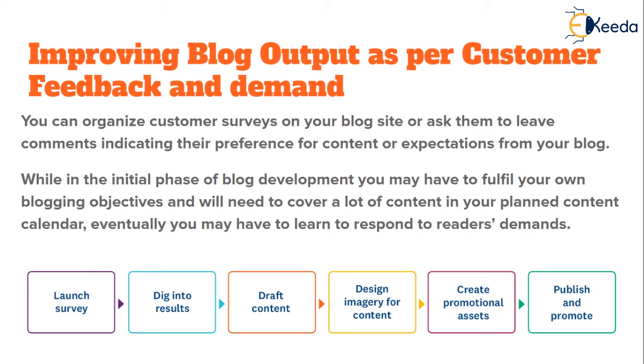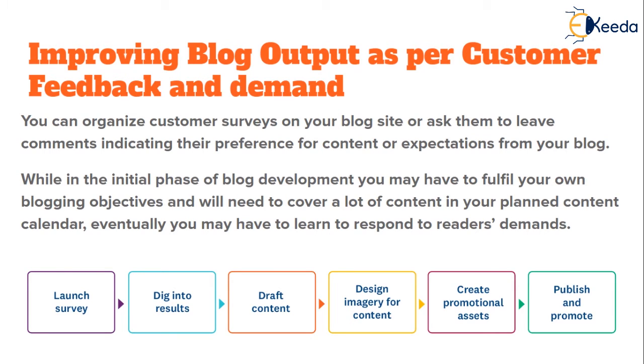So whatever results this survey produces for you, you need to figure out whether you can draft the content being asked by your readers or not. If you can, it makes sense to go ahead and do so, design it in their preferred content format, and then finally publish and promote it.